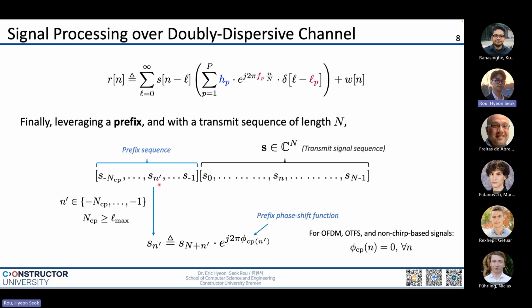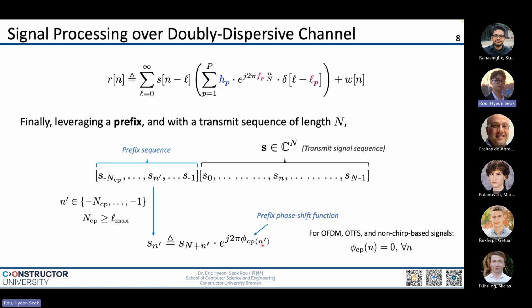And this definition of the prefix elements is given here. So we have the element of the last term: s_{-1} is the same element as s_{N-1} here, but we also have a multiplication by this phase shift function. For now, we assume that this is just equal to 1, because this phase shift is determined by this prefix phase shift function, phi of CP.